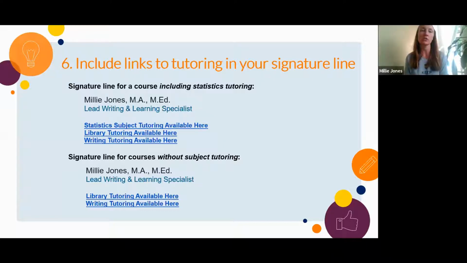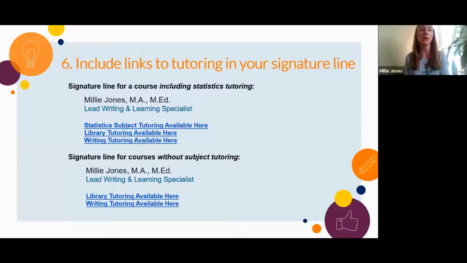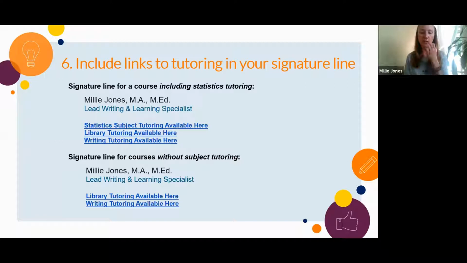All of your students are going to see these. Here are just a couple of examples. The first one would be a signature line for a course that does include the subject tutoring. This would be an example for a statistics course, with all of those listed there. But if you're teaching a course that doesn't offer the subject tutoring, you would just have the two links, the library tutoring link as well as the writing tutoring link.